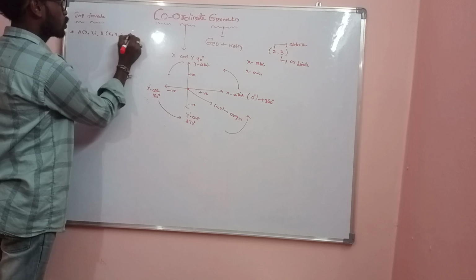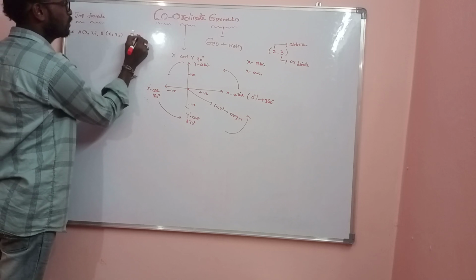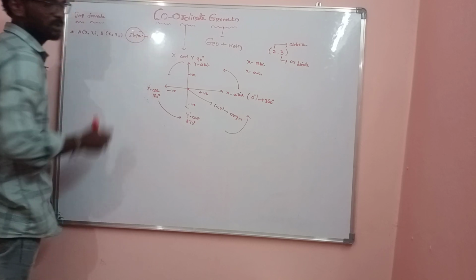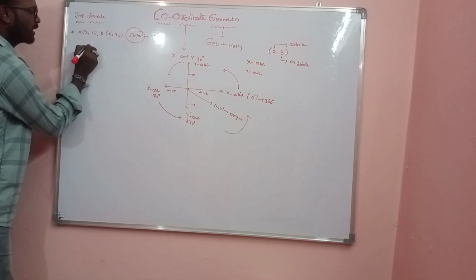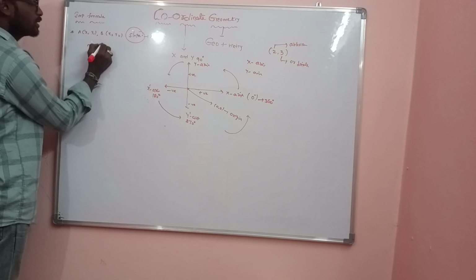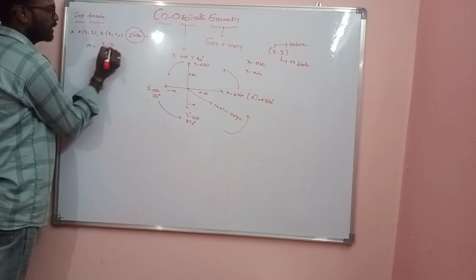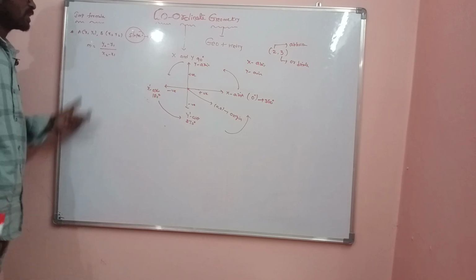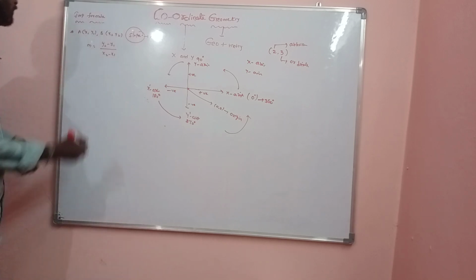Find the slope. They are asking for the slope. We represent the slope with the small letter m. Then the slope formula is m = (y2 - y1)/(x2 - x1). This is the formula for the slope.